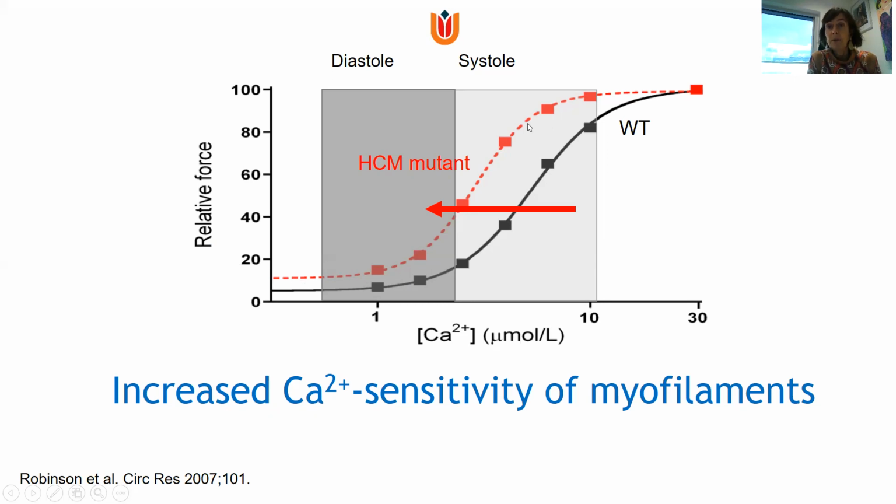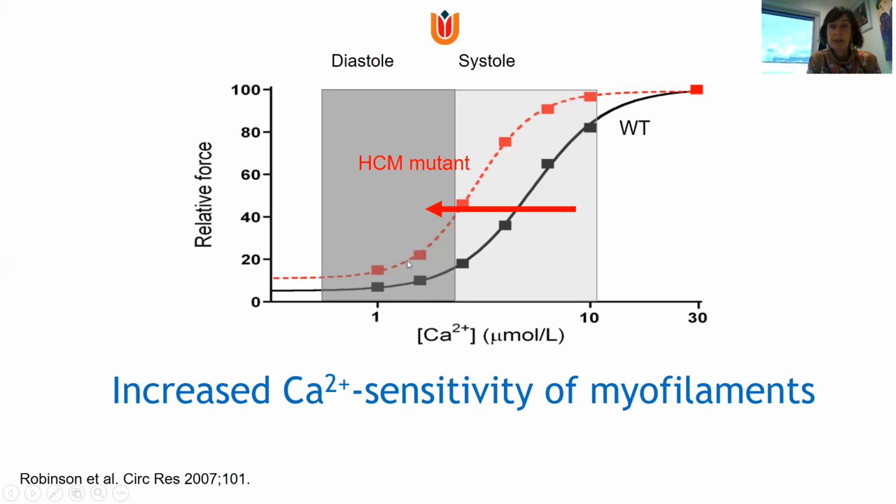But with a sarcomere mutation, this force calcium curve is shifted to the left, and this we call an increased calcium sensitivity, meaning that there's a high force development both at relatively high calcium concentrations, but also at relatively low calcium concentrations.